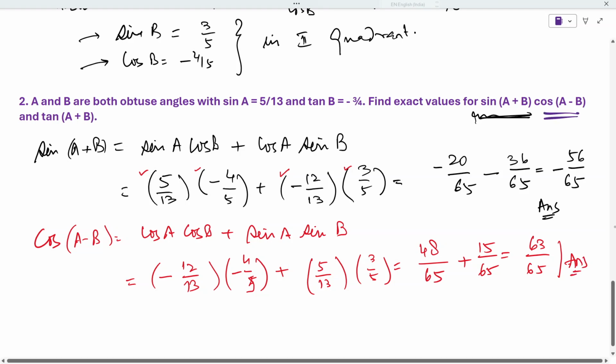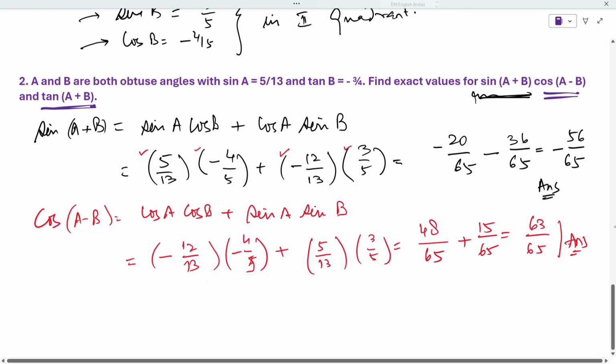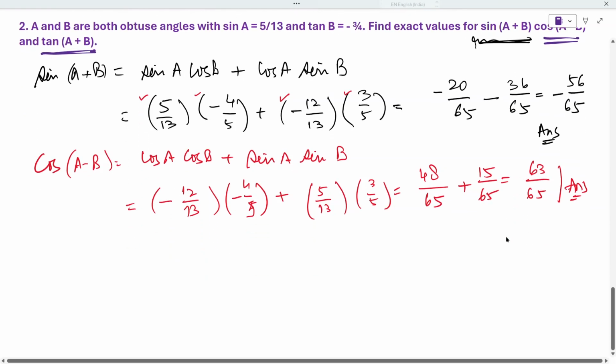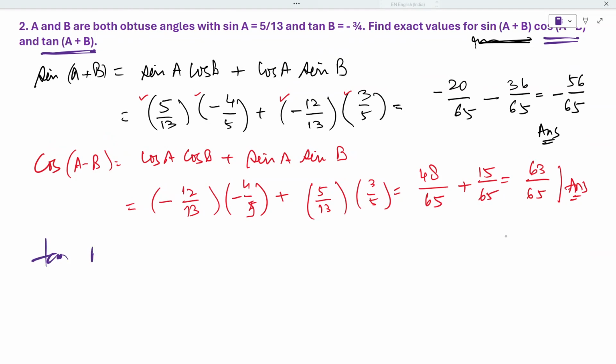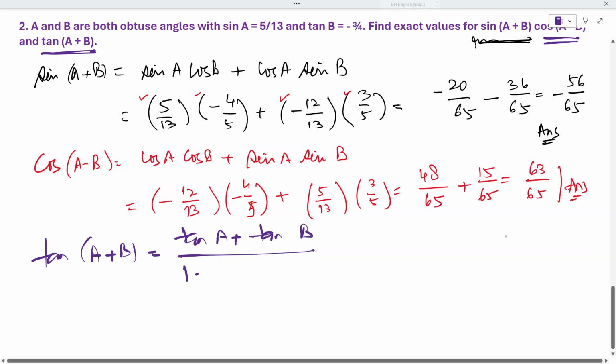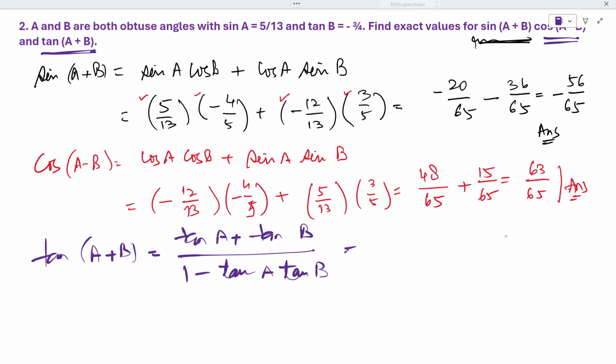And finally tan(A + B). So tan(A + B) is equal to (tan A plus tan B) upon (1 minus tan A tan B). So tan A is equal to sin A upon cos A, and tan B we already know because it has been given to be minus 3 by 4.